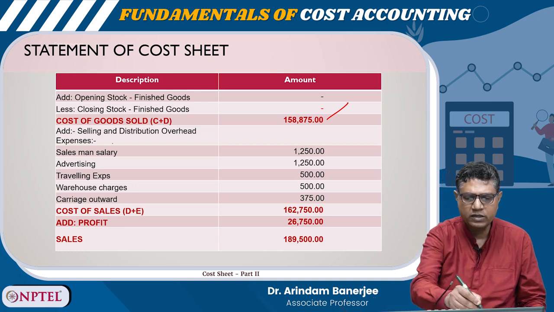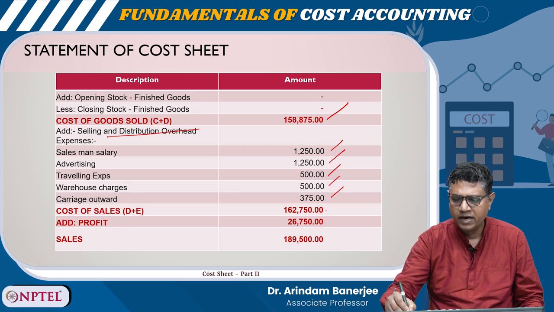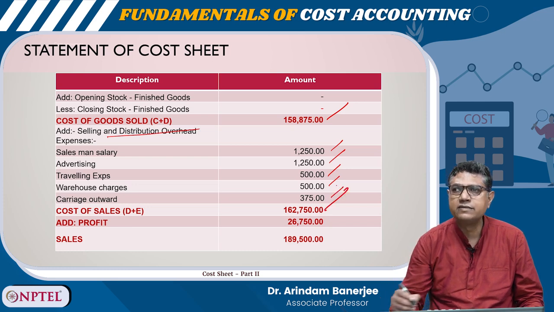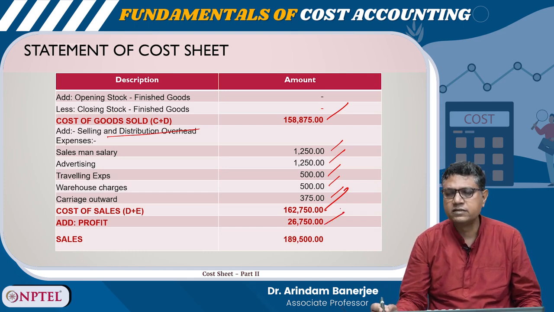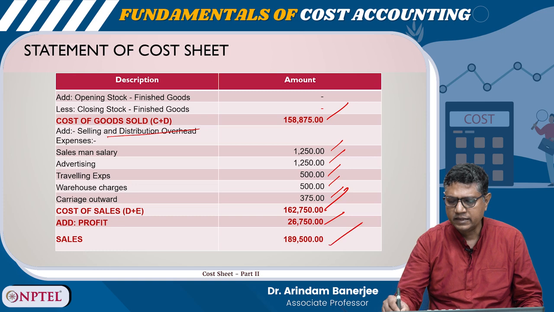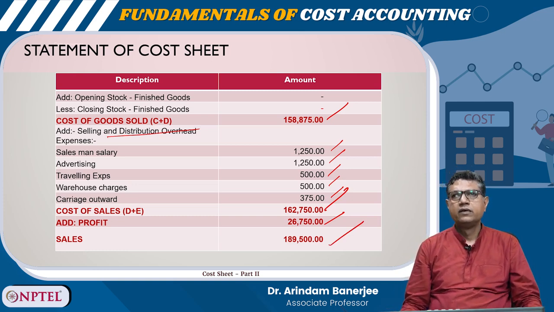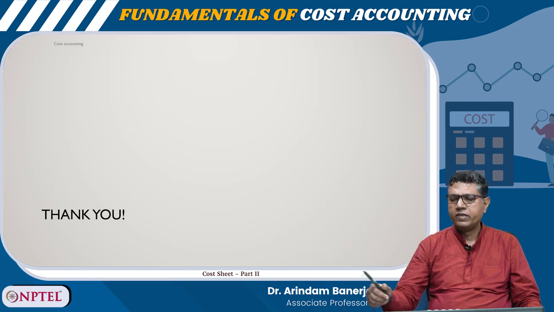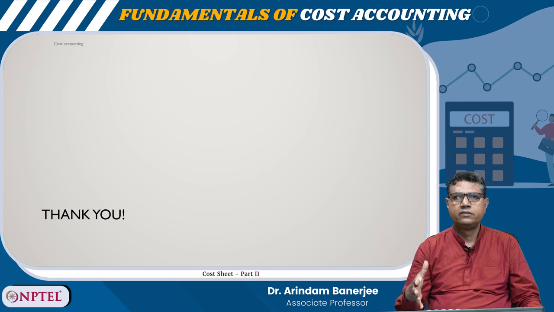With that, I am adding all the selling and distribution overheads: salesman salary, advertising, traveling expenses, warehouse charges, carriage outward. I am getting the cost of sales 1,62,750. Adding profit of 26,750, my sales is 1,89,500.